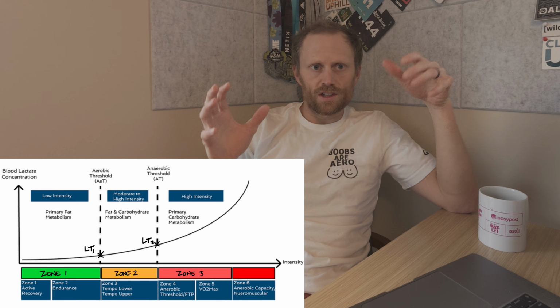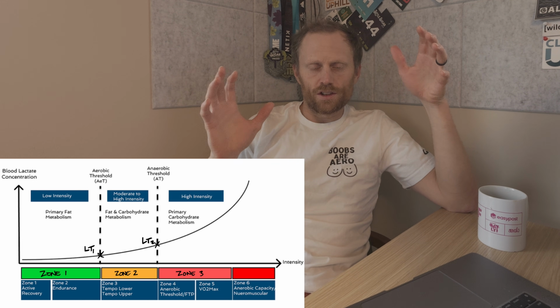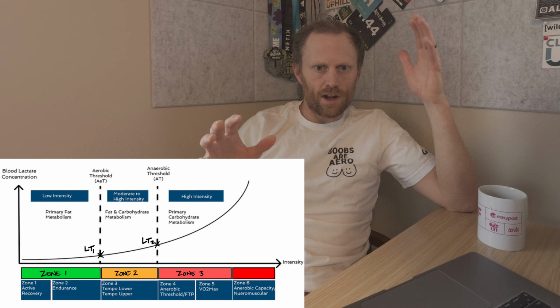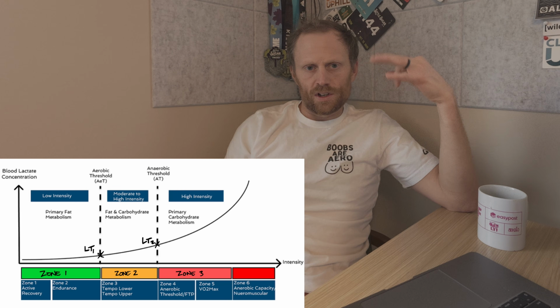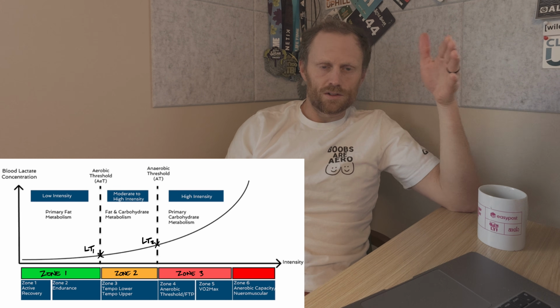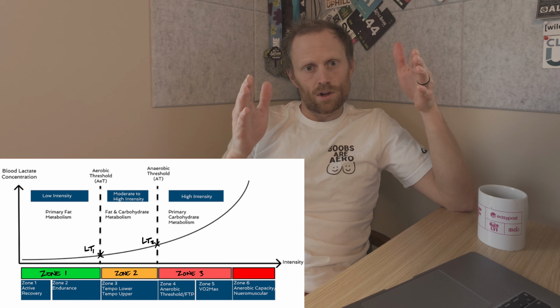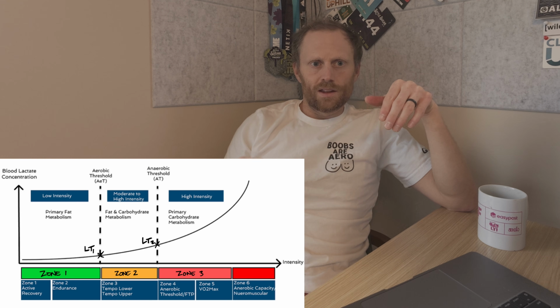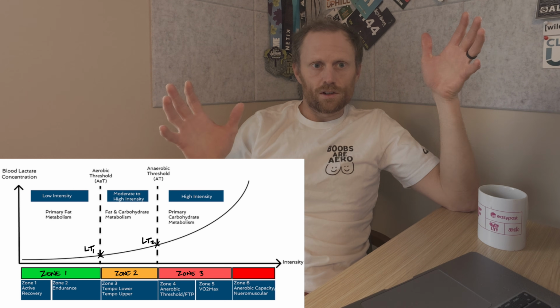What we really need to understand is that all zone models are just different ways of organizing intensity around LT1 and LT2. For instance, in the 3-zone model, zone 1 is below LT1, zone 2 is between LT1 and LT2, and zone 3 is above LT2. This is the model that most research uses.